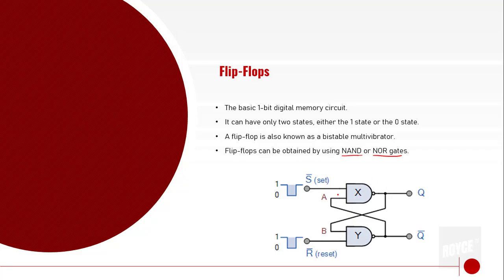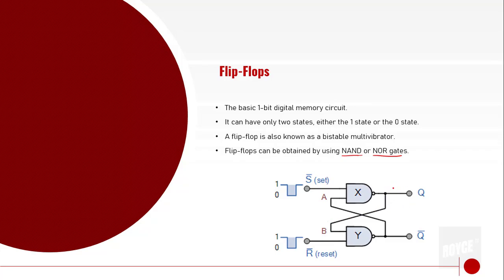As you can see here, it uses two NAND gates with its input. Yung isa sa input niya is S, yung isa sa input niya is R, and then it has two outputs. One is Q and the other is Q complement, and then yung output naka-feedback pabalik.